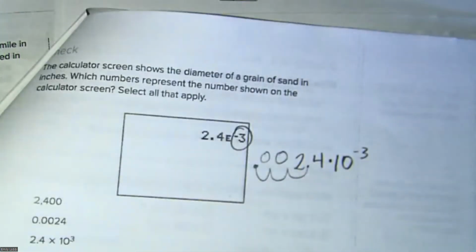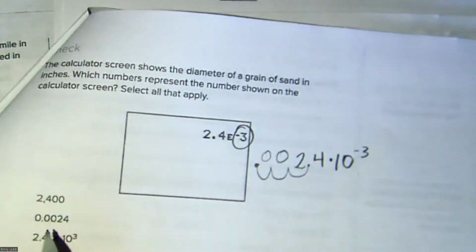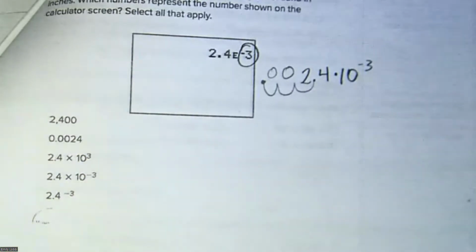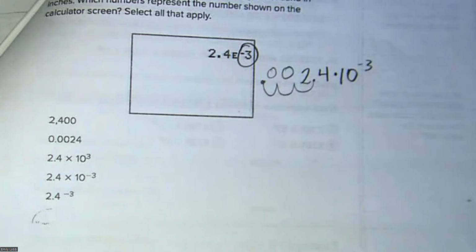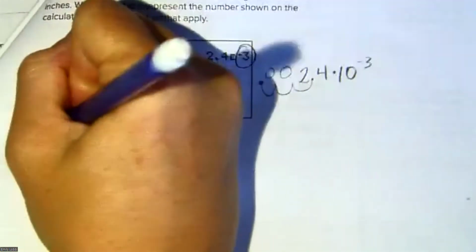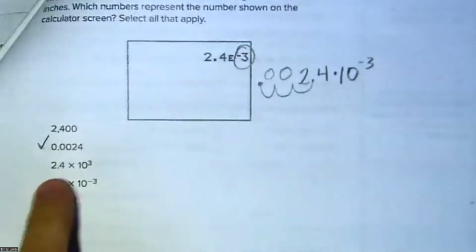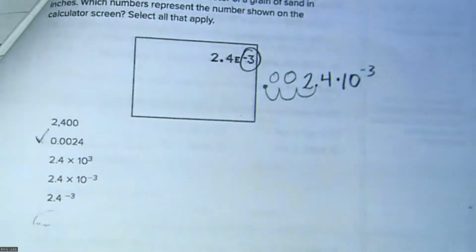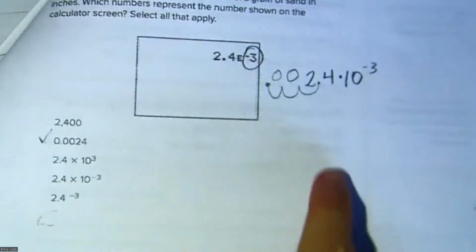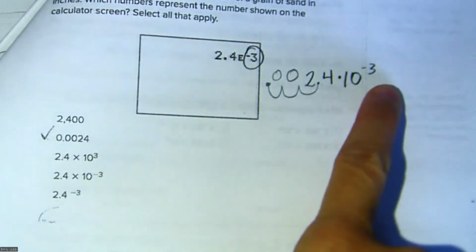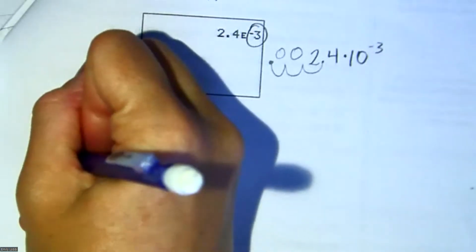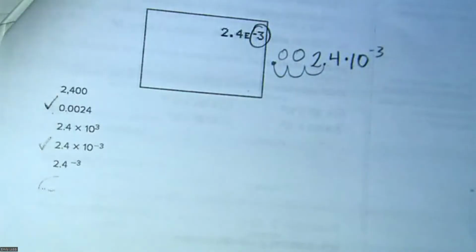Where do we see this number? All right. So is this 2,400? No. Is this 24 ten thousandths? Yes, it is. Is this 2.4 times 10 to the positive 3? No, we just said it is 2.4 times 10 to the negative 3. Is this 2.4 raised to the negative 3 power?